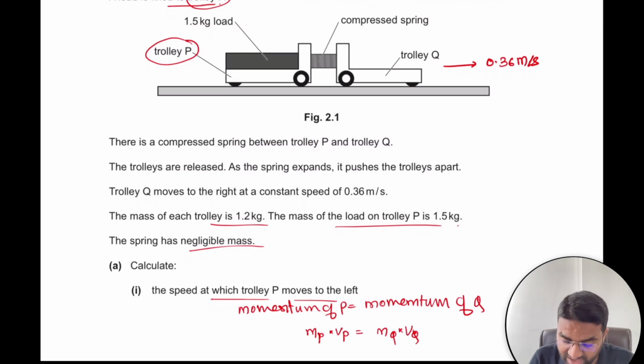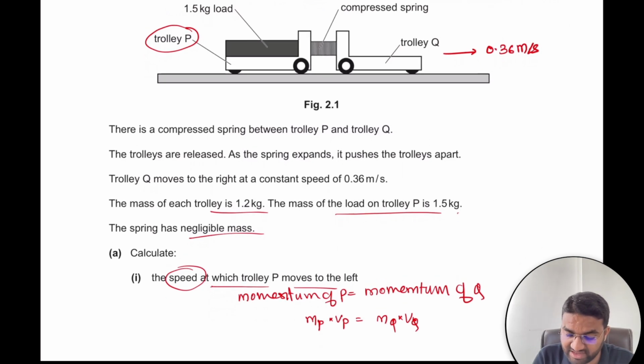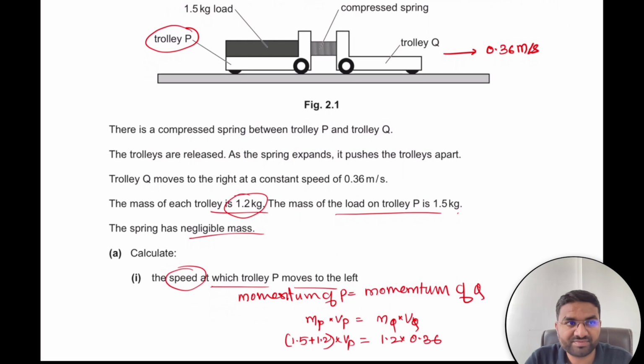All right, so we have to calculate the speed of P, right? The mass of P: the load is already there plus this trolley of 1.2 kg. So we can add these two, 1.5 plus 1.2, times Vp, that is what we have to calculate. Then the mass of Q is 1.2 times Vq, which is 0.36 meter per second.